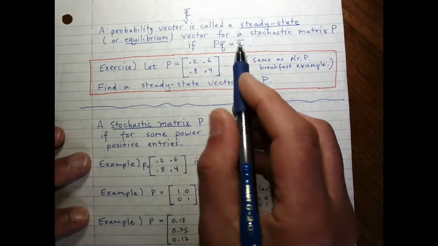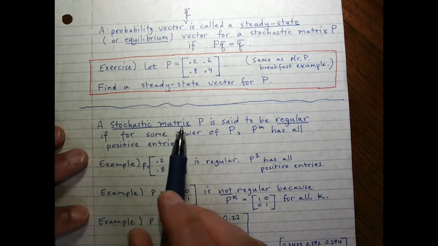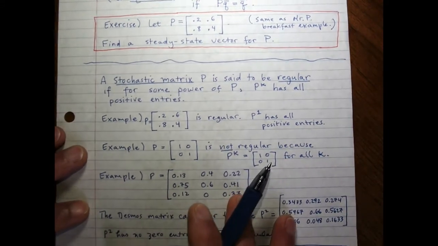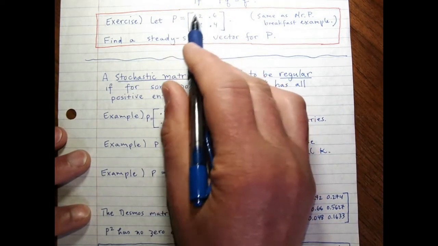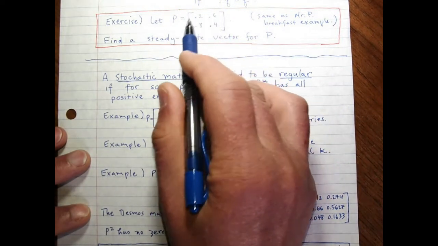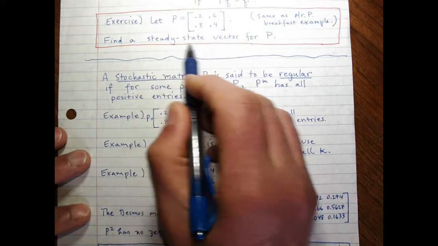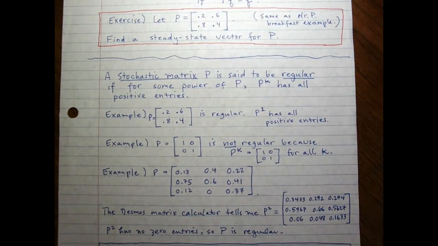We get the same vector at the next stage. So what I'd like to do now is take our stochastic matrix from the Mr. P breakfast example, and see if we can find a steady state vector for P.